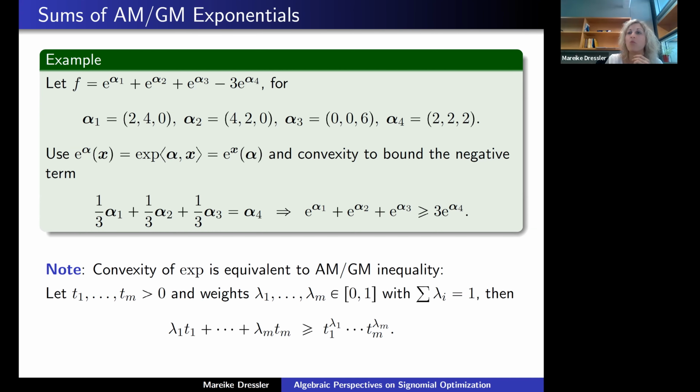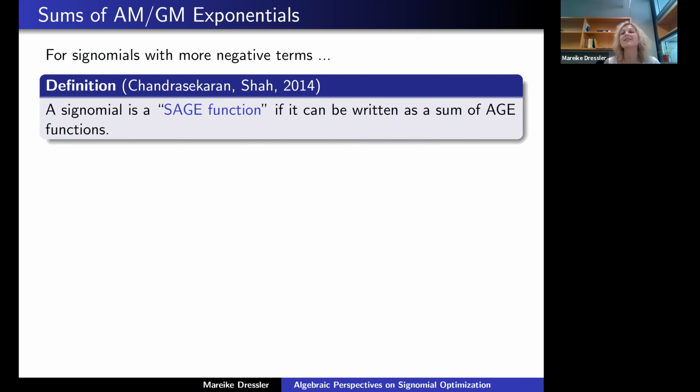What if we now have more than one negative term? This is a very natural question. A natural condition that one usually takes is that we certify non-negativity by expressing this as a sum of H functions. We take H functions as the building blocks, and then take sums to decompose a signomial with more than one negative term as a sum of signomials with at most one negative term.